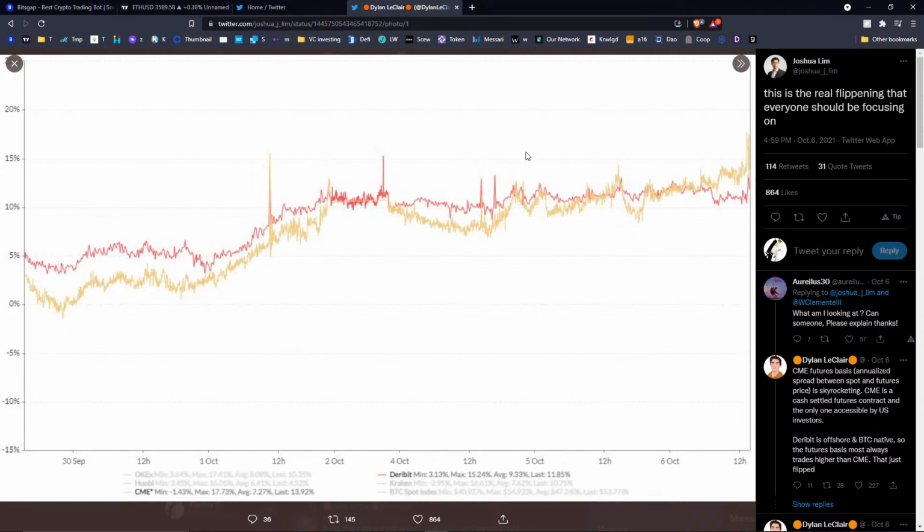It's usually been trading on premium from the spot, and it's been higher than on the Chicago Mercantile Exchange. That's basically the only one you have for the US big investors out there. And now this whole narrative changed, and you can see that it's no longer derivatives leading this whole premium on futures, but it's now actually the CME.